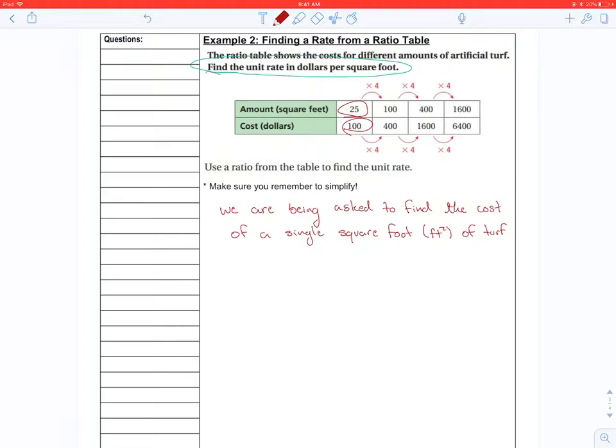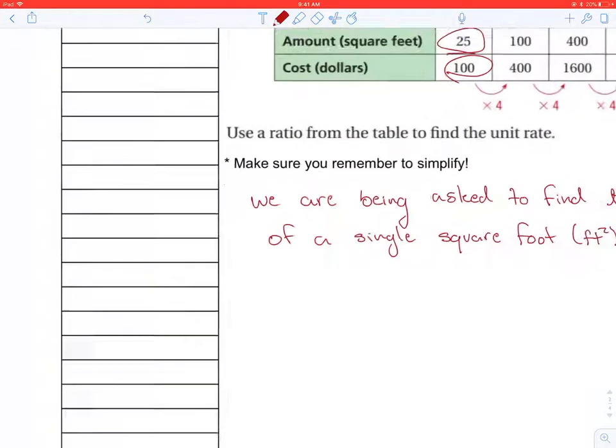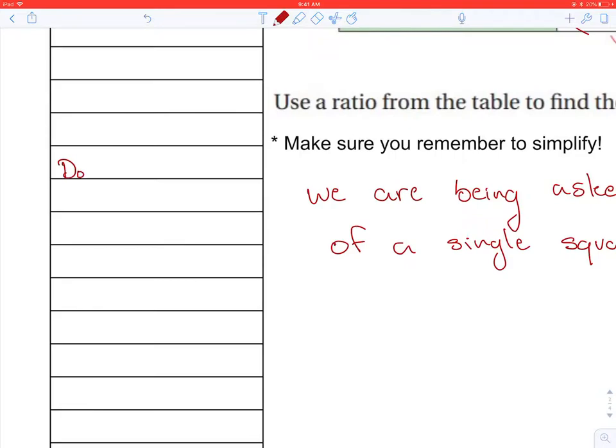So if we're solving for that, do we write the rate as cost per square foot or square foot per cost?